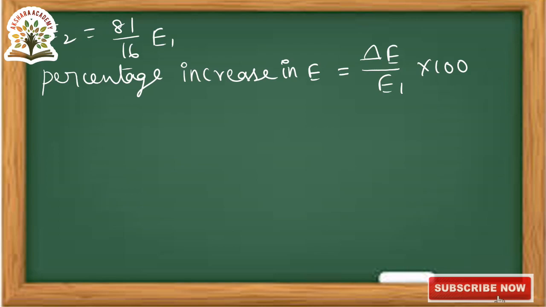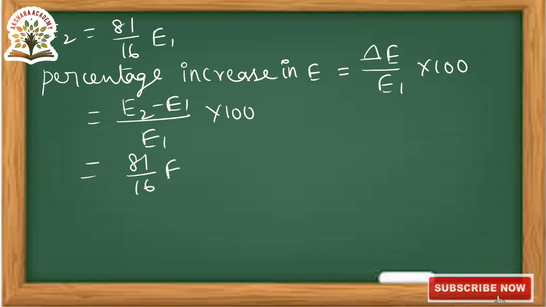Delta E is nothing but (E2 minus E1) by E1 into 100. Substituting the E2 value as 81 by 16 E1, we get (81/16 E1 minus E1) by E1 into 100.